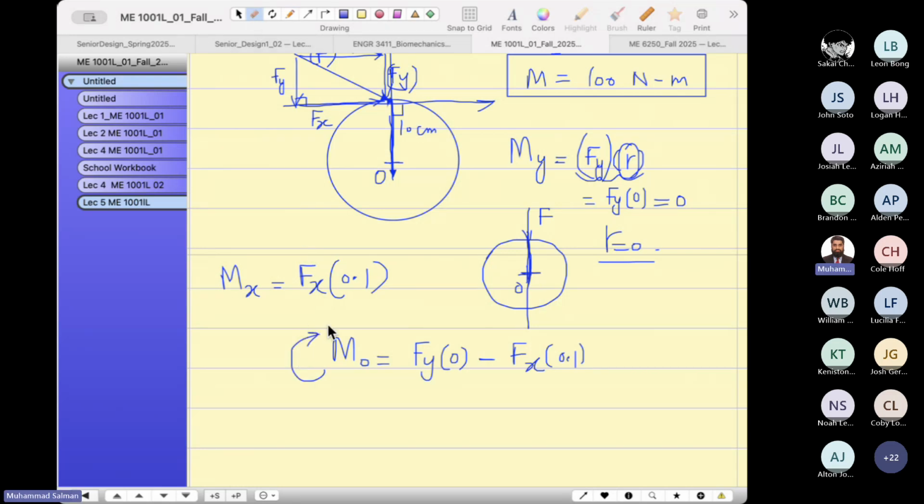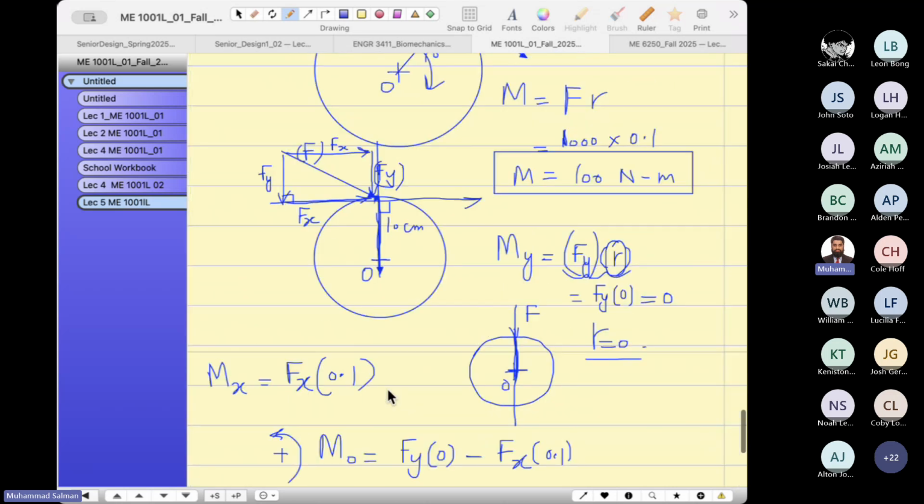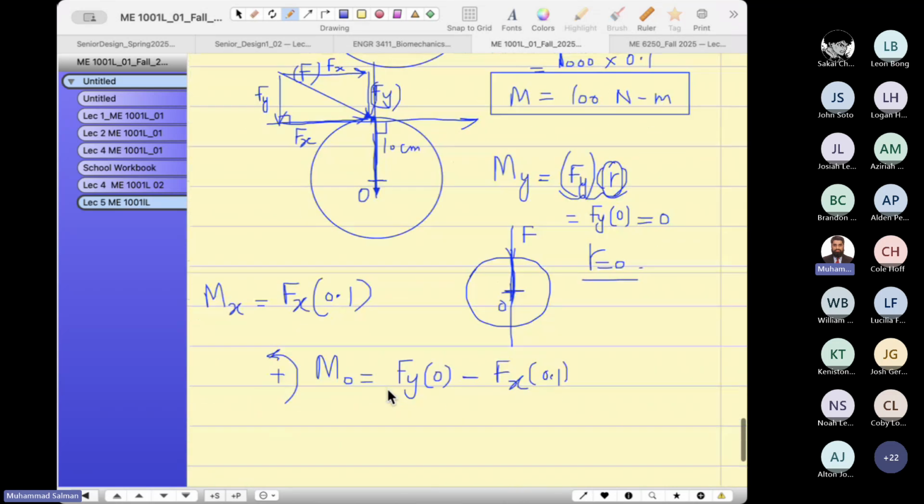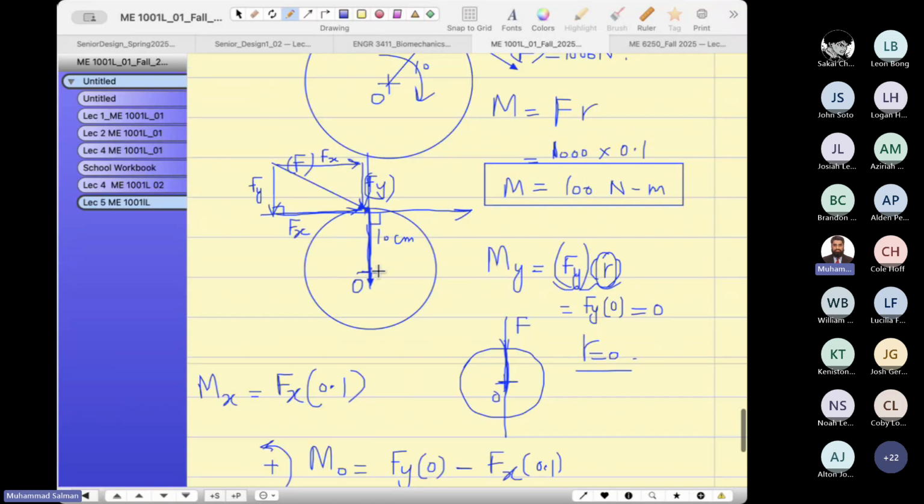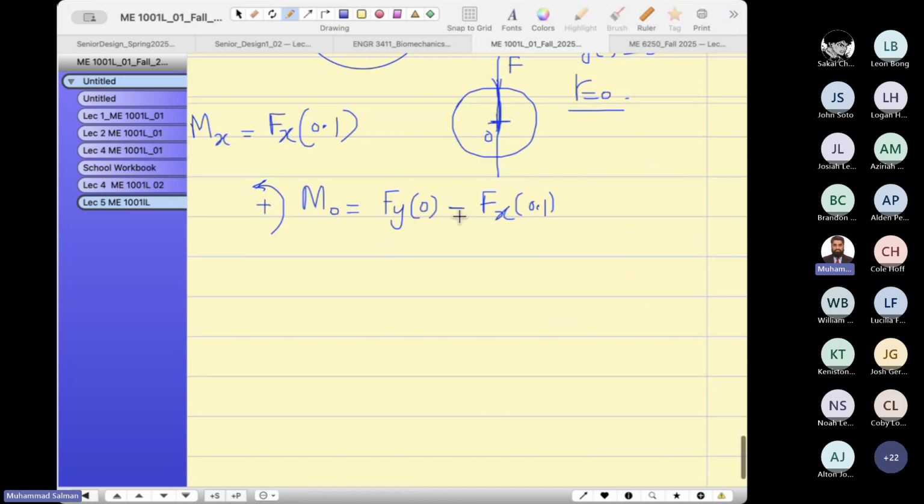I'm saying counterclockwise we consider as positive rotation. Positive moment is counterclockwise. When you pivot this point, if you put a finger here, this force will try to move this gear to the right, in the clockwise direction. Therefore I wrote down a negative sign in front of that.